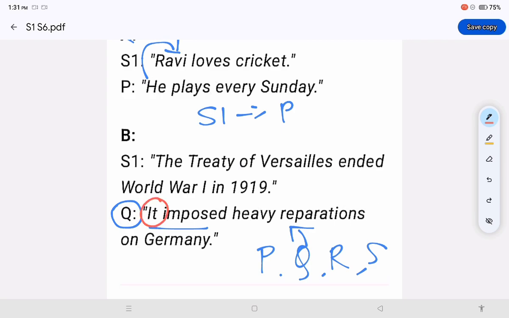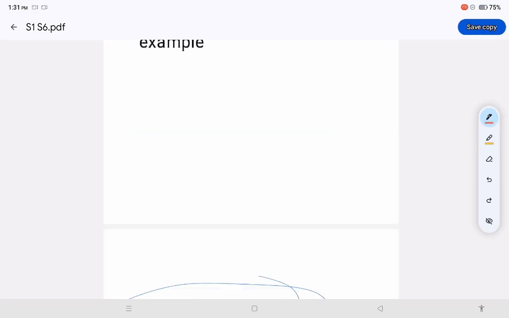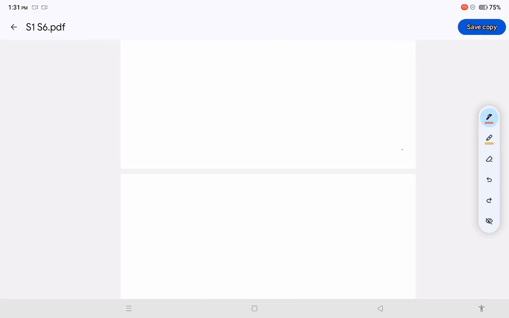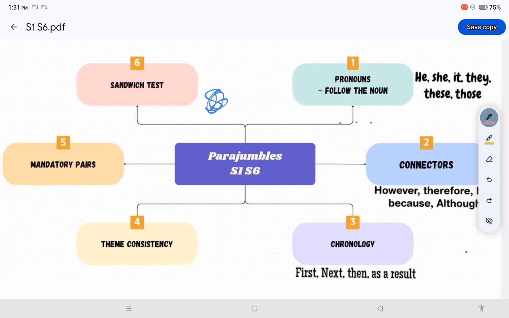What is it? It is referring to the Treaty of Versailles. So soon after sentence number 1, what is coming is Q. This is the basic idea of pronouns. So you need to look at the pronouns first, find them, and try to figure out what they refer to.